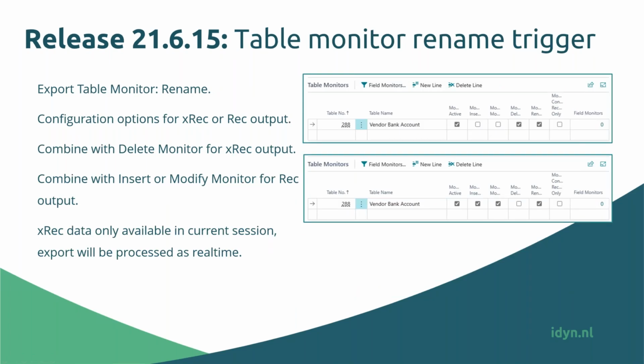Next, we have our rename option in our export table monitor. So we have added the monitor rename as a Boolean field in the table monitors. However, it is important to note that this is a bit different than before.